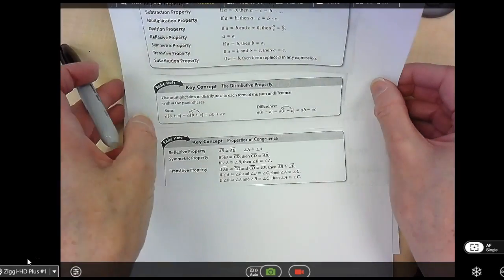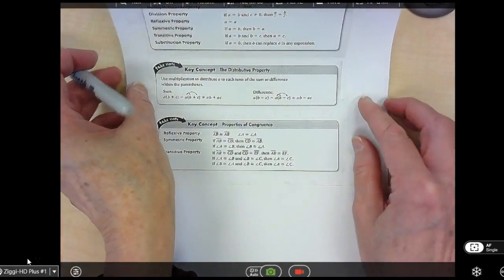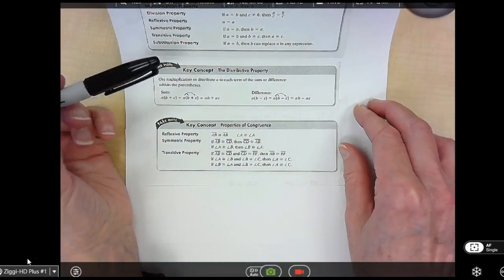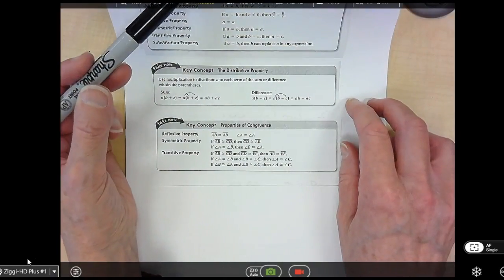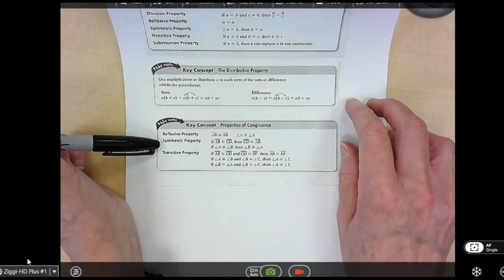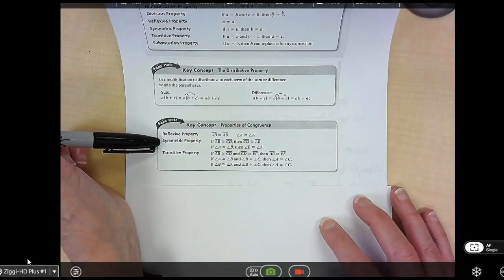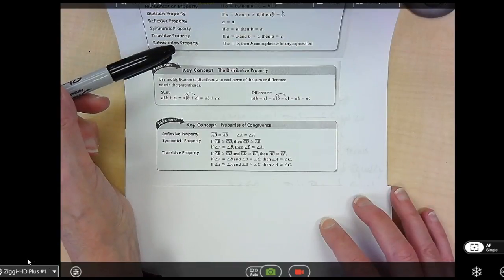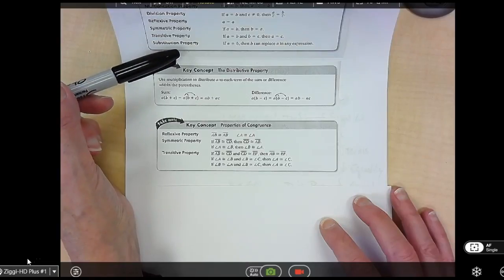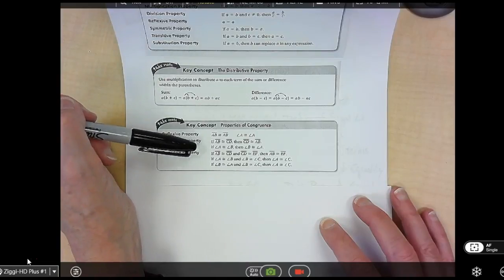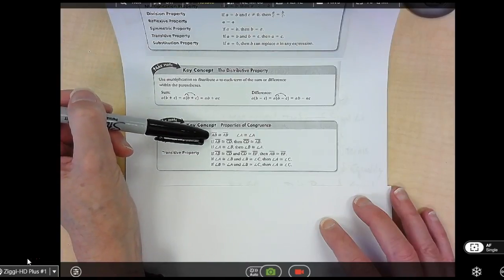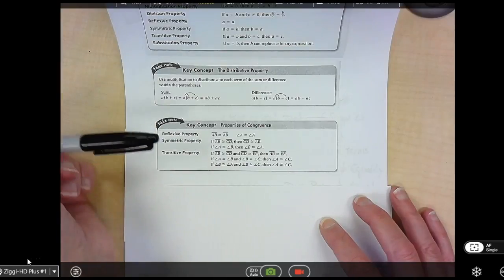Three other properties we use. Now our first ones we gave all in equals. With these we can also do them using our congruent symbol. So again, if you use equals, it's when you're talking about the actual measures of things. Congruence is when you are talking about the physical segments, lines, angles.